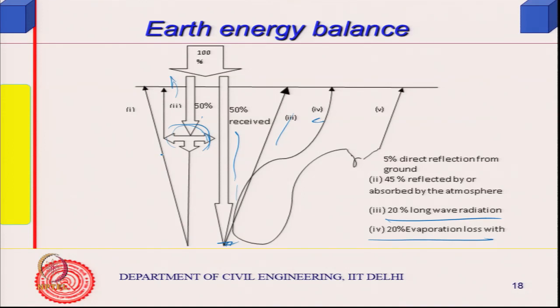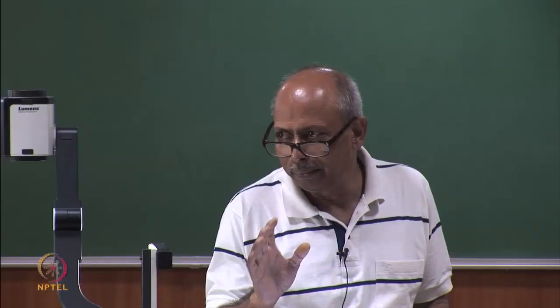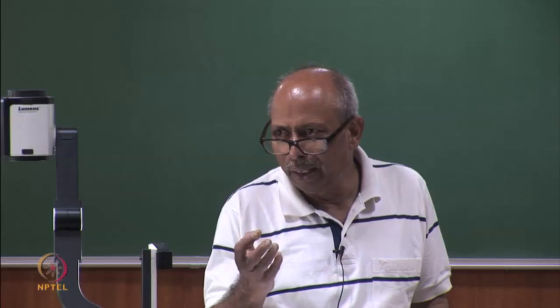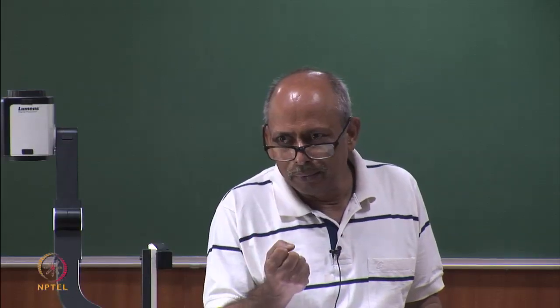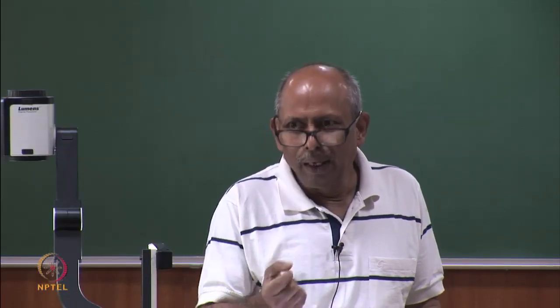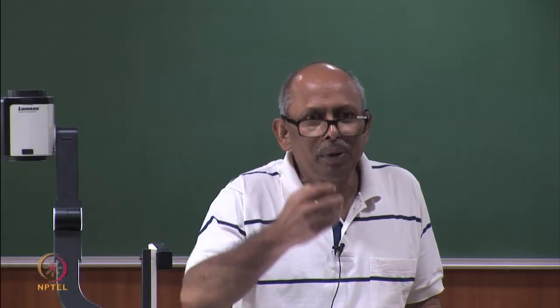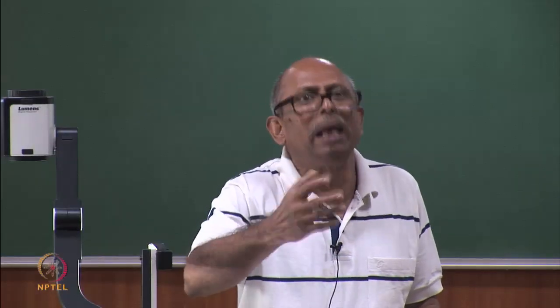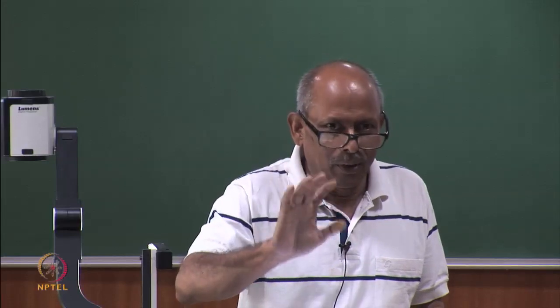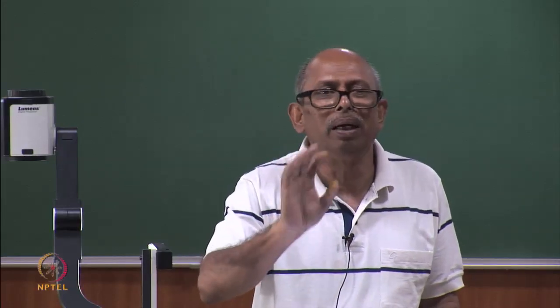Finally, of course, you can understand there is a periodicity in the whole thing, annual periodicity. Every year we receive energy from the sun, right. Whatever you receive today, 365 days later you are likely to receive a similar kind of thing, not exactly the same, but almost similar.